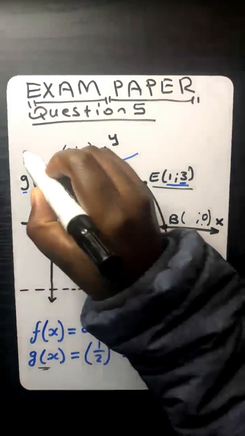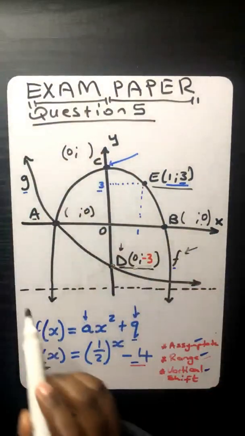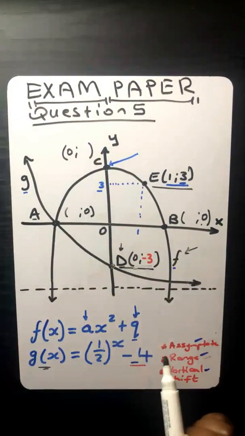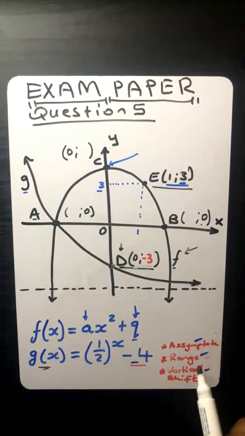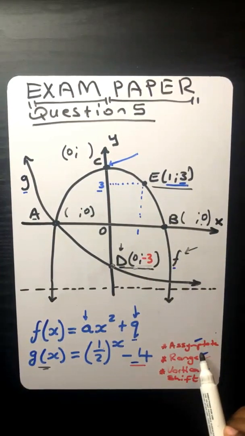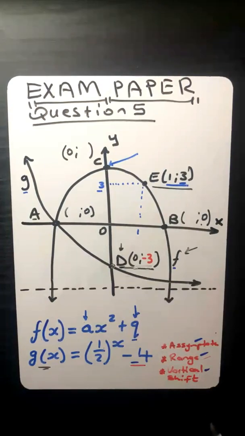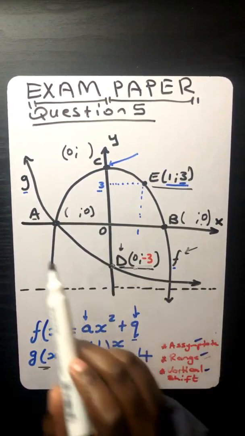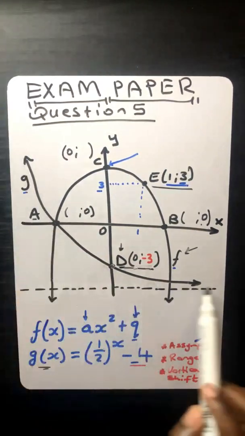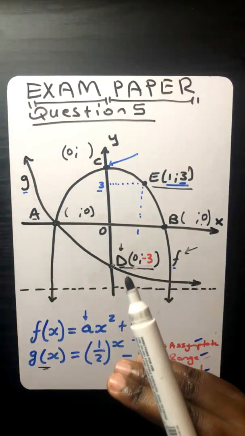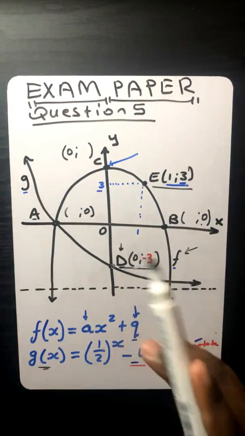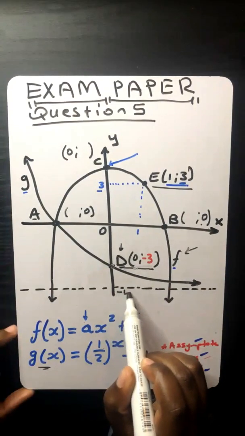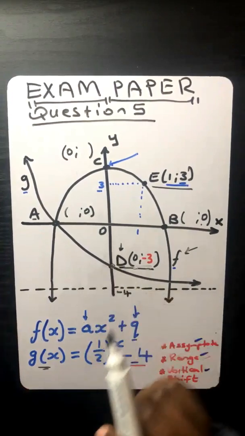With regards to G, this asymptote tells us more about the range, so your answer might be based on -4. But in terms of the range, here comes the question: is G starting on -4, or is it above -4?